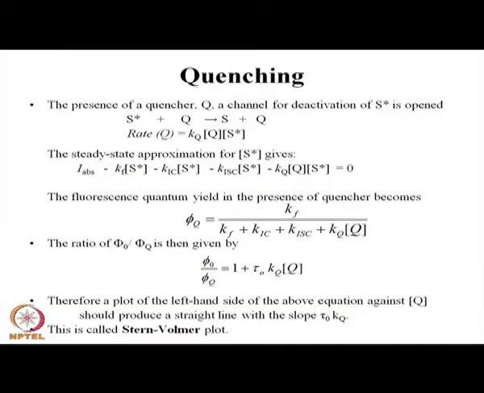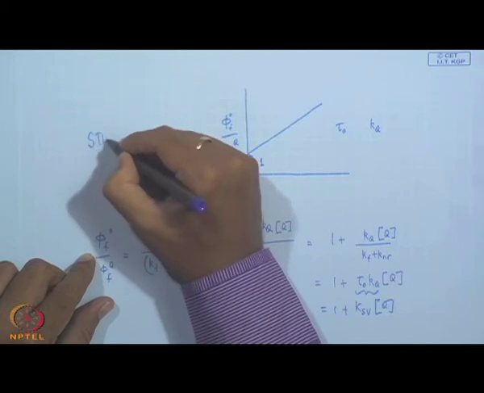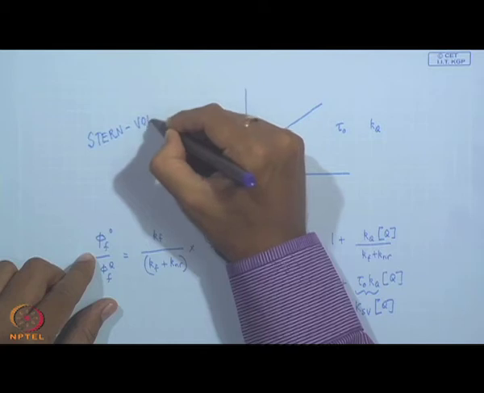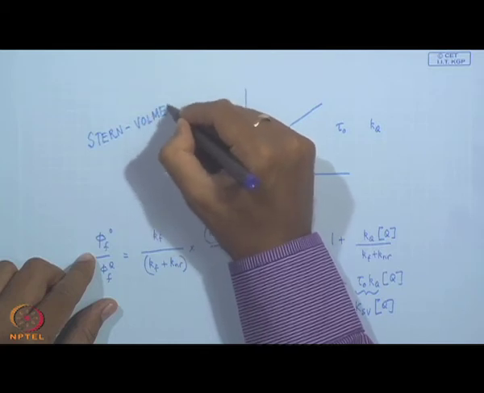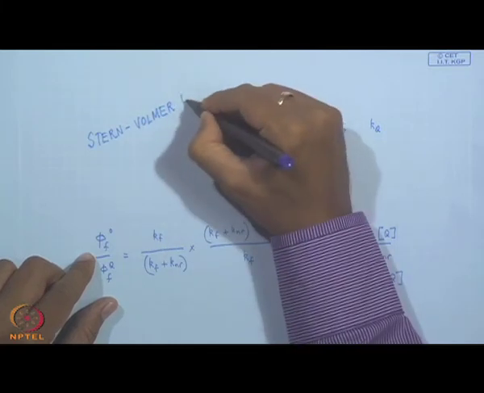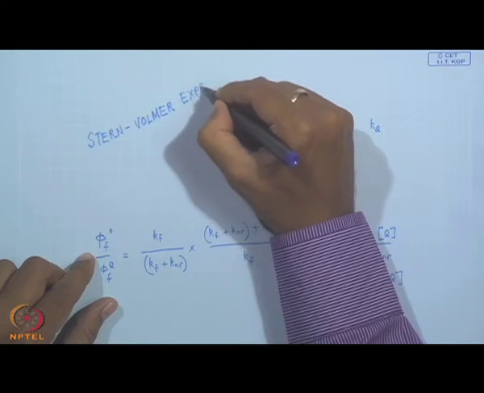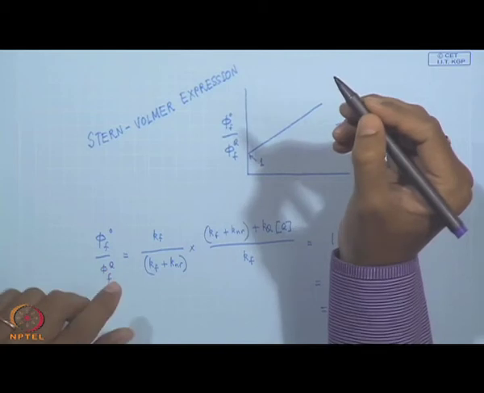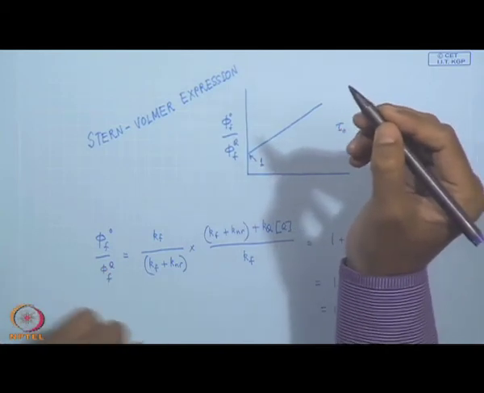So, this is the Stern-Vollmer expression or Stern-Vollmer equation.